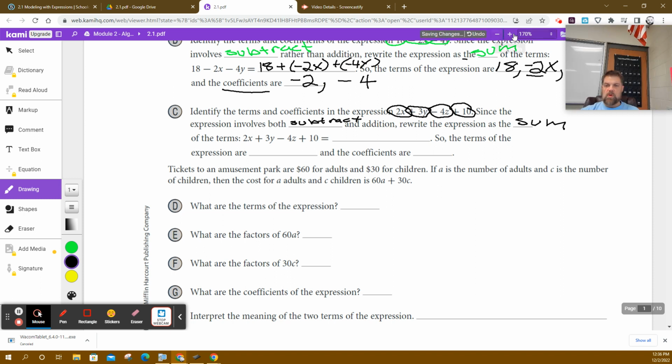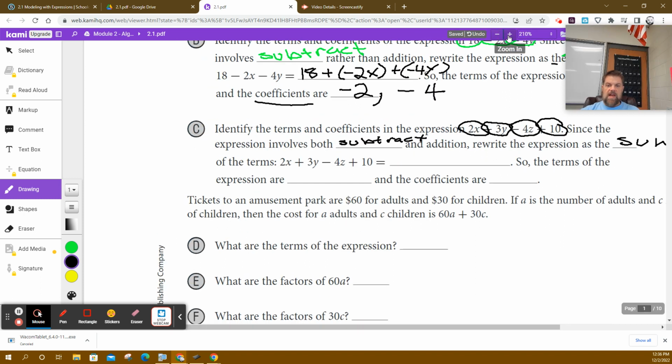Maybe I should just zoom in more. As the sum of the terms of these numbers. So that would be 2x plus 3y plus, we're going to put in parentheses, negative 4z plus 10.